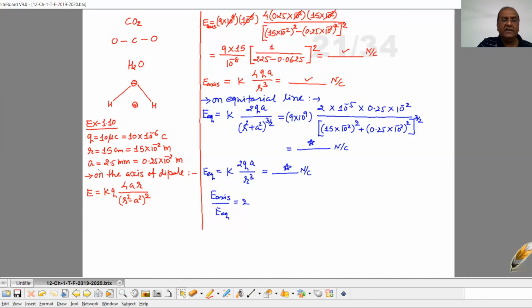Then a: the dipole length is 5 millimeter, which implies that from the center each charge is at 2.5 millimeter. So a is 2.5 millimeter, that is 2.5 into 10 raised to minus 3 meter. We can write that as 0.25 into 10 raised to minus 2 meter.